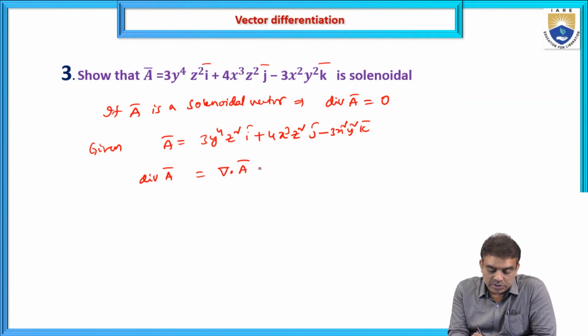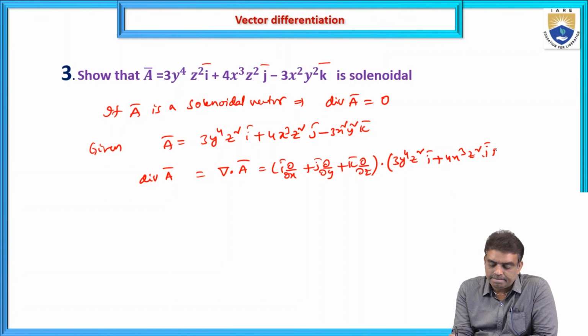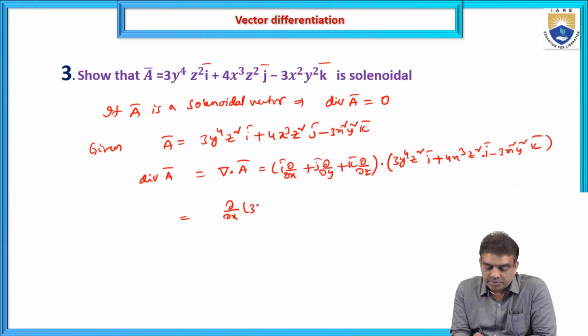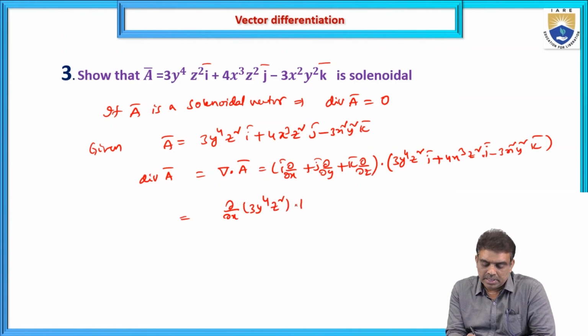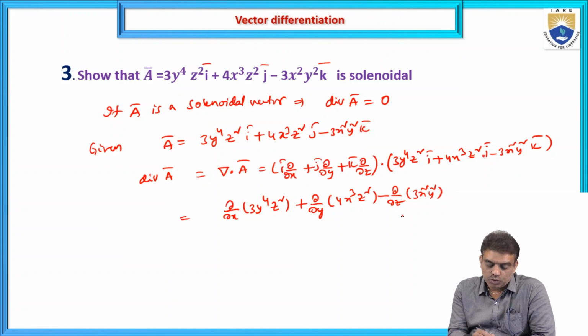Del means i̅ ∂/∂x + j̅ ∂/∂y + k̅ ∂/∂z, dot product with 3y⁴z² i̅ + 4x³z² j̅ − 3x²y² k̅. So i̅ dot i̅ is 1, giving ∂/∂x of 3y⁴z², plus j̅ dot j̅ is 1, giving ∂/∂y of 4x³z², minus k̅ dot k̅ is 1, giving ∂/∂z of 3x²y².